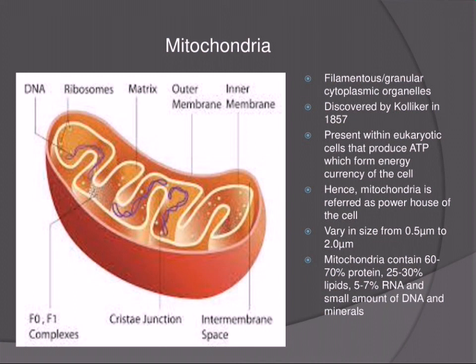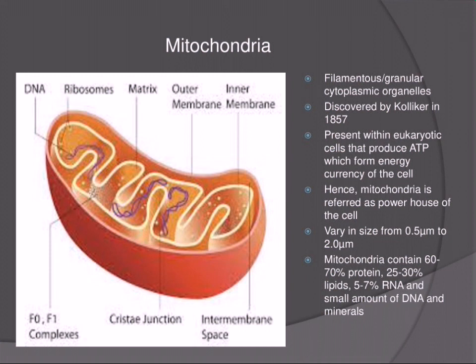It is rich in enzymes and carrier proteins. It consists of 80% proteins and lipids. So this is your inner membrane. Both these membranes are 60 to 70 angstrom thick.